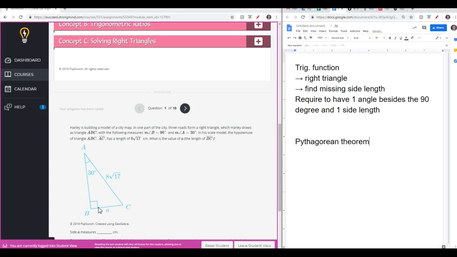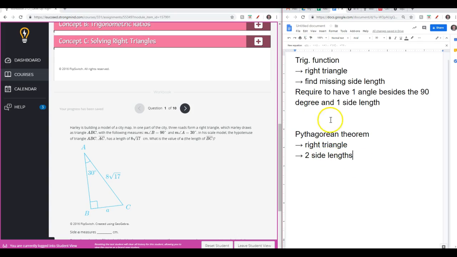Now, the Pythagorean theorem also, you have to have a right triangle, and you have to have 2 side lengths. So on this, where I only see one side length, that automatically makes me think of the trig functions, and they give us a 30-degree measure there. So we're going to use our sine and our cosine.